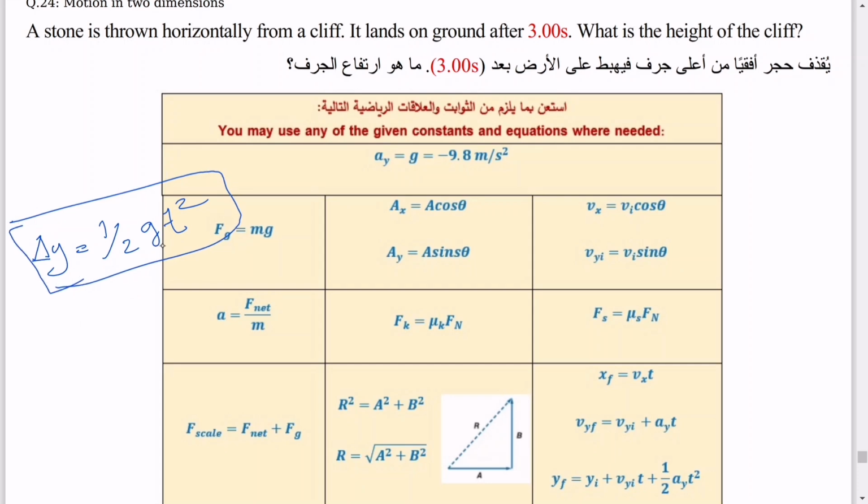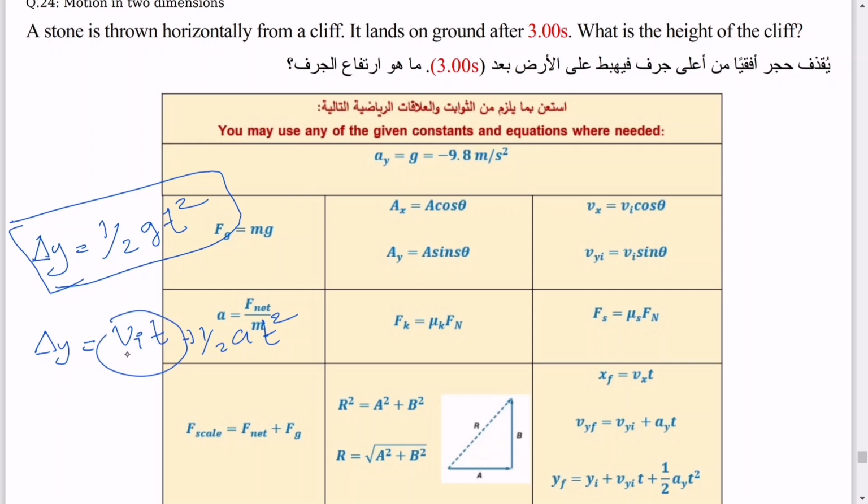Where did I get this equation? I got it from delta y equals initial velocity times time plus half acceleration times time squared. Here the initial velocity along the vertical direction is 0.